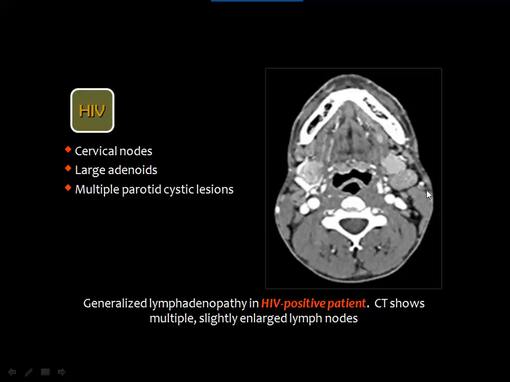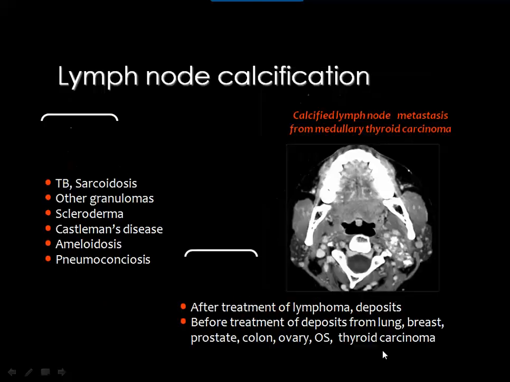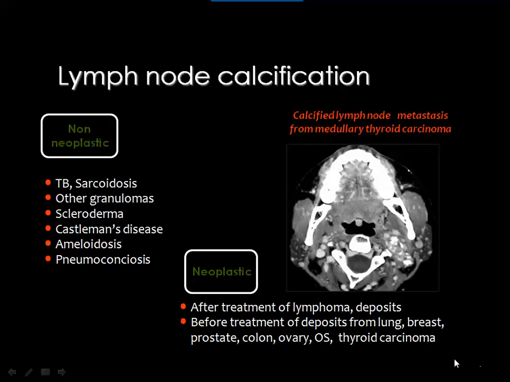Then the presence of cervical lymph nodes in an AIDS patient may represent reactive nodes, and may be the sequelae or an indication of the presence of lymphoma.